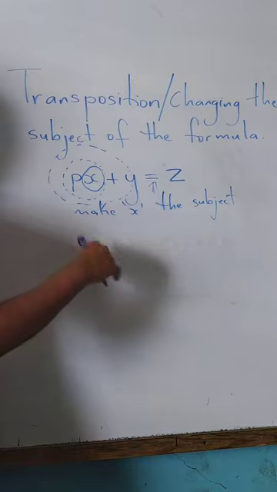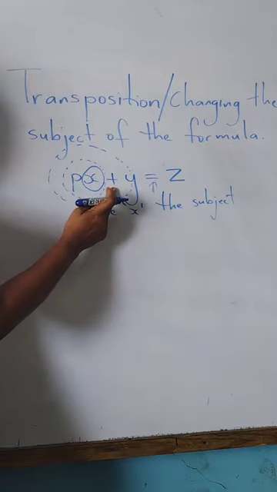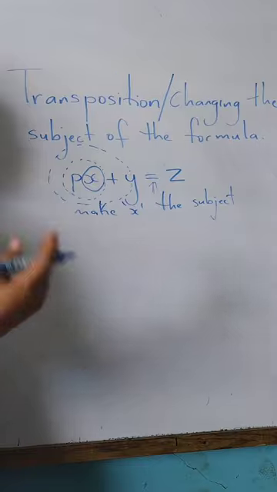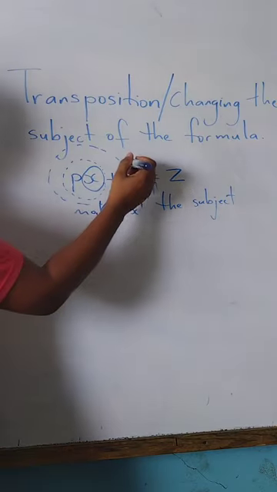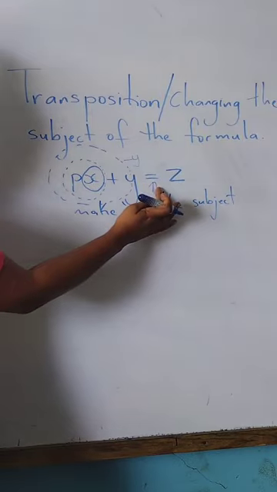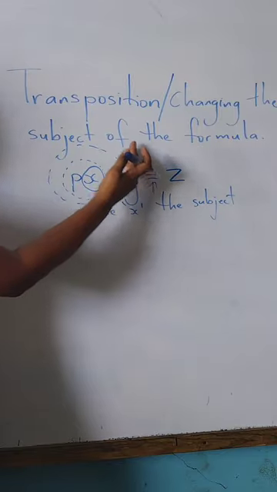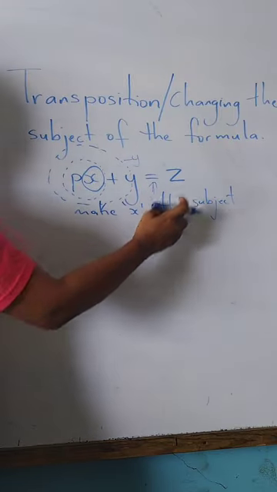Why did I tell you about opposite operations before? If y was being added, in order to peel y off, I need to do the opposite of addition to get rid of y. So I need to subtract y from this statement. But because it's an equation, whatever I do to one side, I need to do the same thing to the other side to keep a balance.